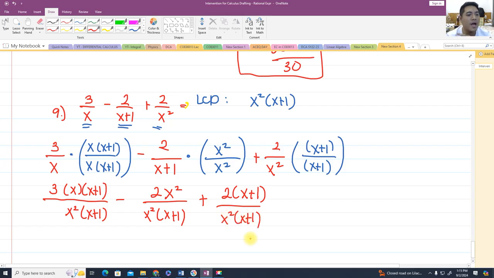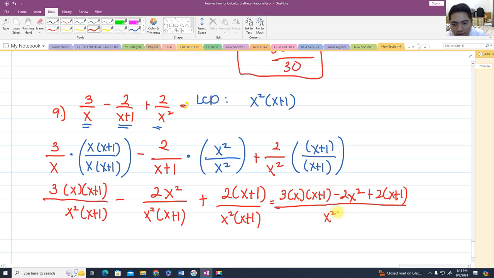So they all have the same denominator, so therefore I can just simply rewrite this as 3 times x plus 1 minus 2x squared plus 2 times x plus 1, all over x squared times x plus 1.